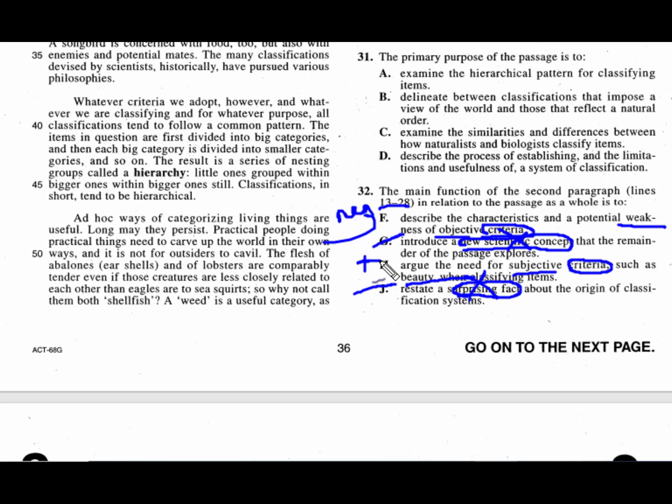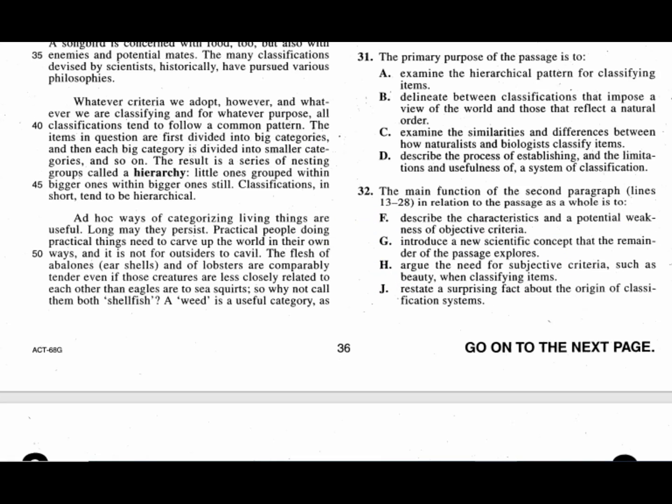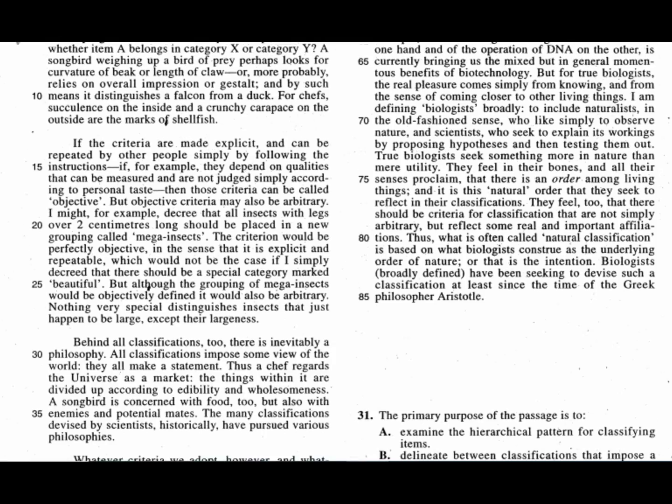All right. Now, let's go back in and use our third tool when we review paragraph number 2. And paragraph number 2 is look at your topic sentence and pirate flags. Let's go into paragraph 2. Here it is. So pull out our pen again, and here's our topic sentence. We have criteria. It's made explicit.